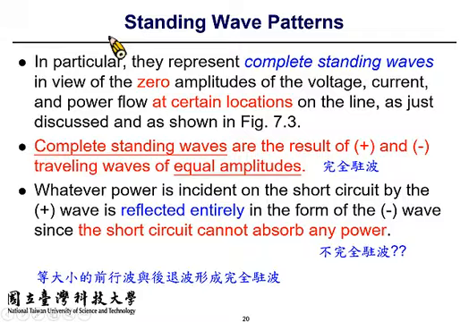All right, so as we already observed, if there is a so-called complete standing wave, you will observe zero amplitude for voltage and current, so they have the so-called voltage node and current node. And they are the result of short termination.